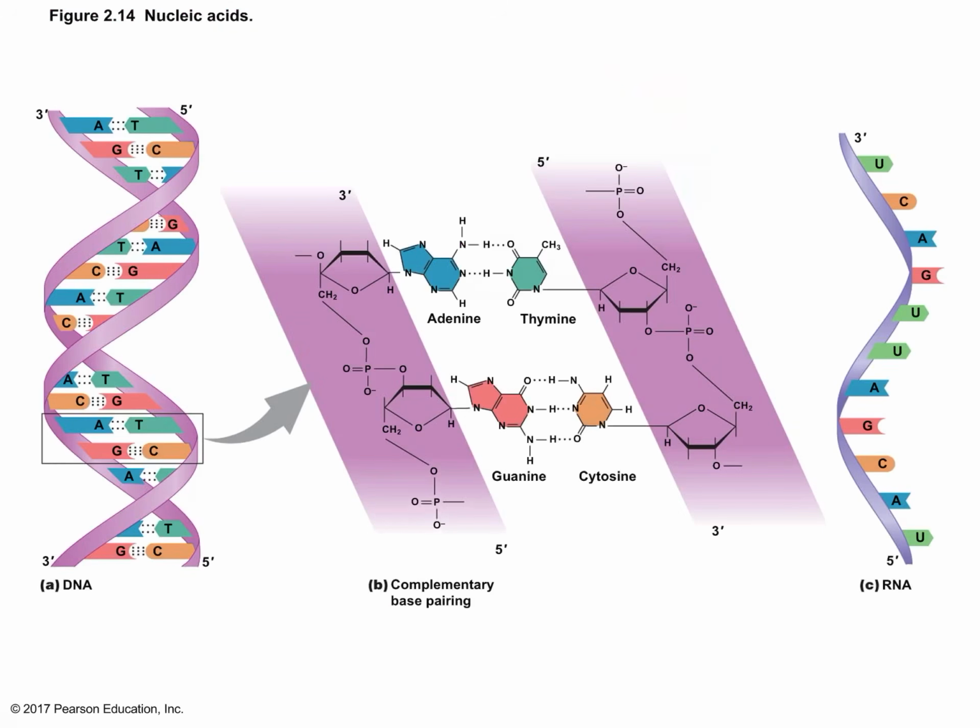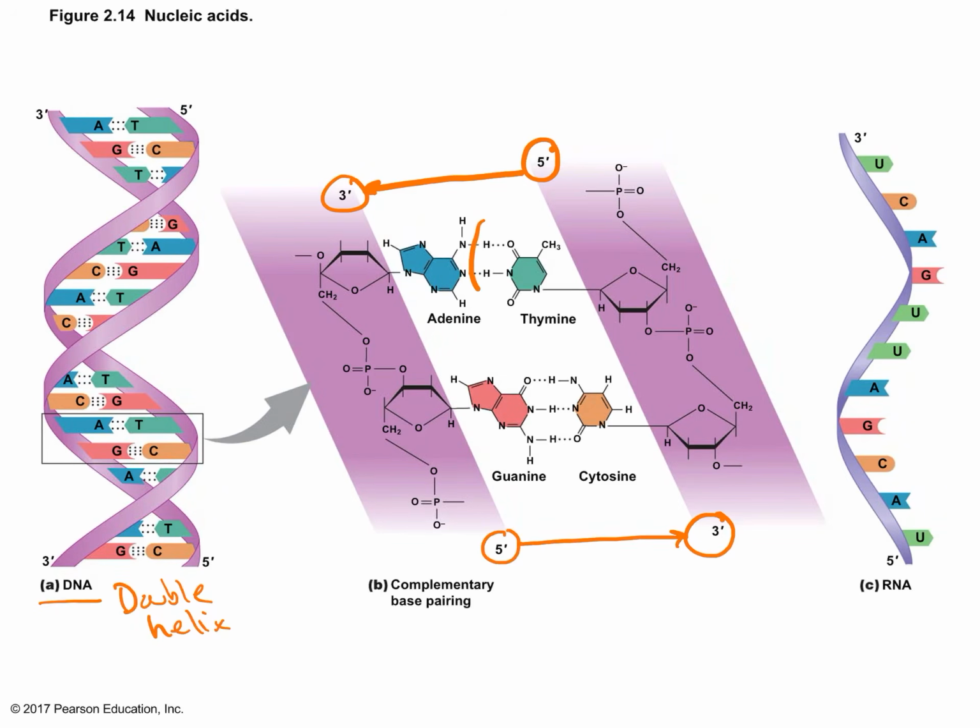This is the overall structure of DNA. We can see how DNA is a double helix. That's the word used to describe this double-stranded molecule coiled in a helical shape. We can see that the ends are anti-parallel. We have a 5' end, 3' end, opposite that on the other side. What binds our pyrimidines and purines together, our A's, T's, C's, and G's, are hydrogen bonds. So hydrogen bonds hold our 2 strands of DNA together. In RNA, we have a single-stranded molecule.